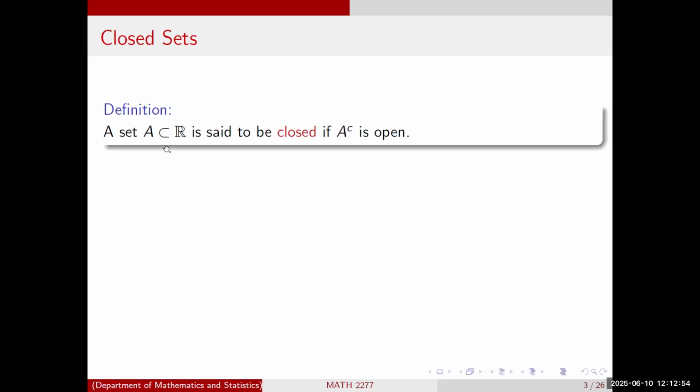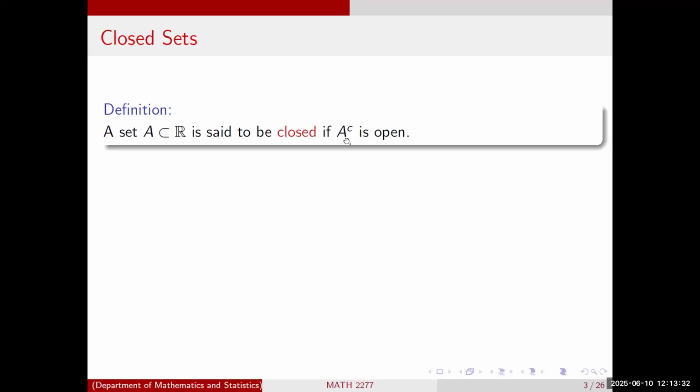Okay, so what exactly are these closed sets that I keep talking about? So a set A, which of course we live in R, so everything is taking place in the real numbers. Okay, but so a set A, which is a subset of R, is said to be a closed set if its complement is open. So in order to check whether or not a set is closed, what we need to do first is take the complement of it and form this new set, A complement.